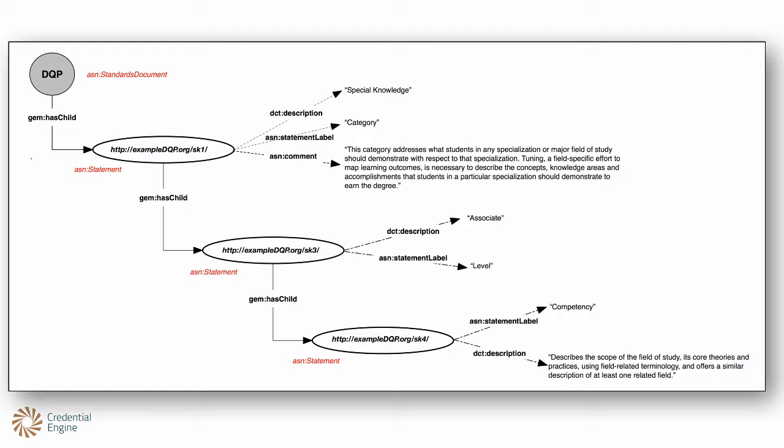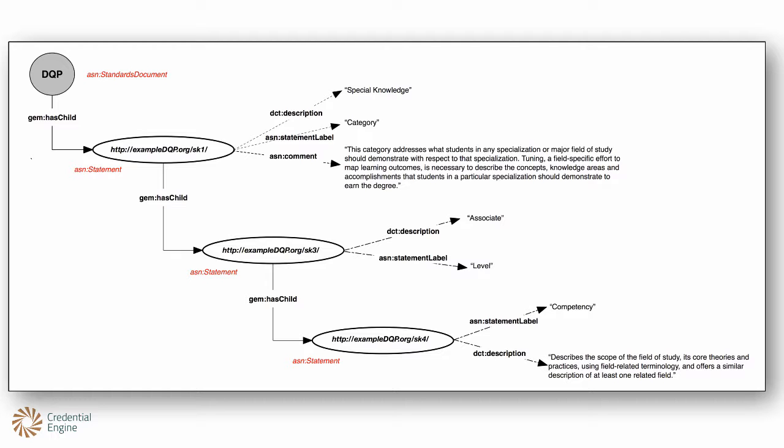But then it has a child, and the child under special knowledge is the level, and the level is associate. That is accomplished with two properties, the statement label, which was used above also, and the description. That node, expressed with a URI, is linked to a child node that has the statement label of type competency, and it has its description, which is in essence the body of the competency.